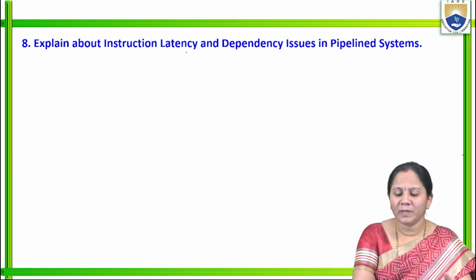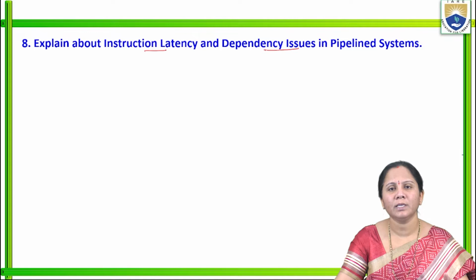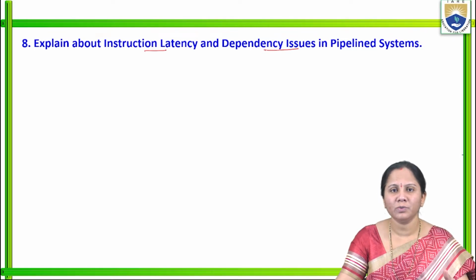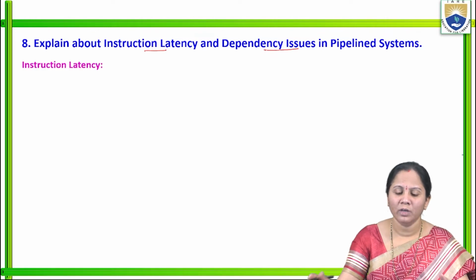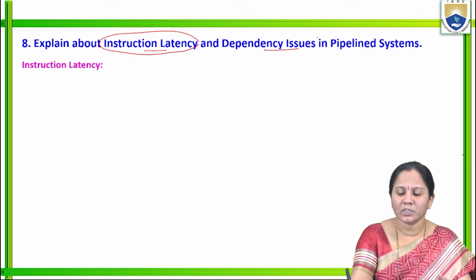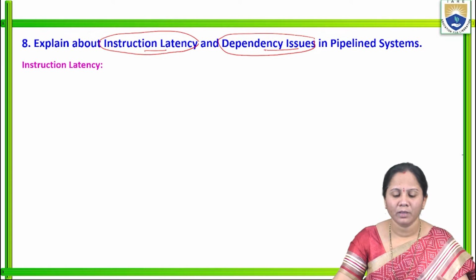Now, explain about the instruction latency and dependency issues in pipeline systems. These are also the two issues that occur in the pipeline system. We have to explain both, that is instruction latency and also dependency issues.